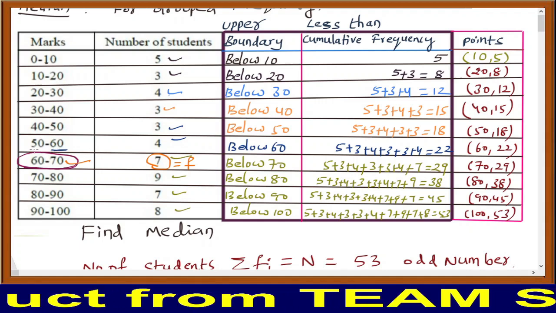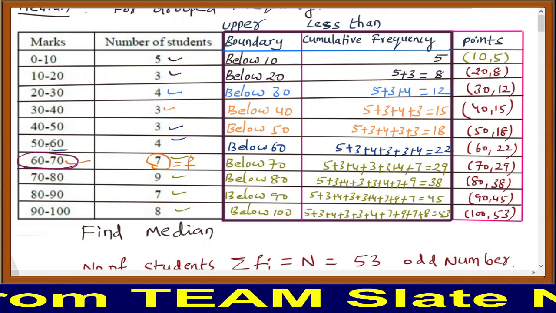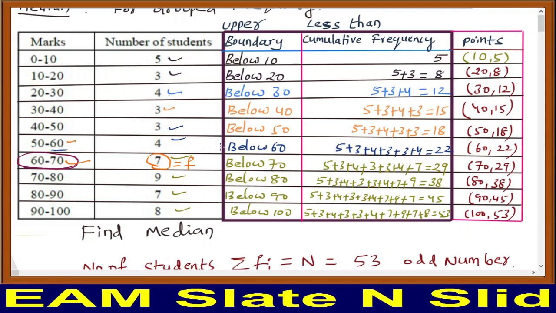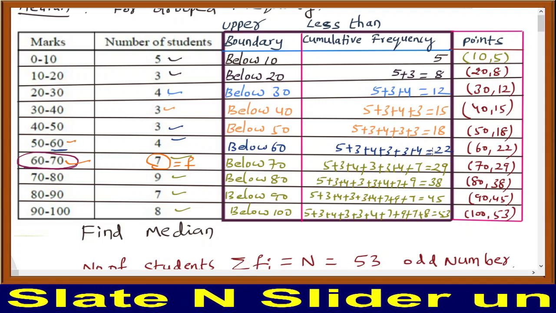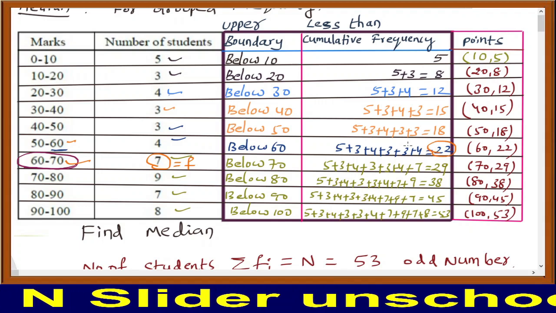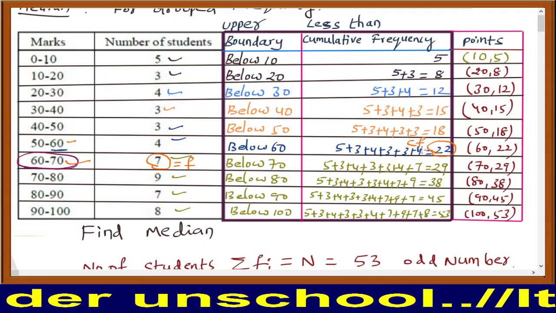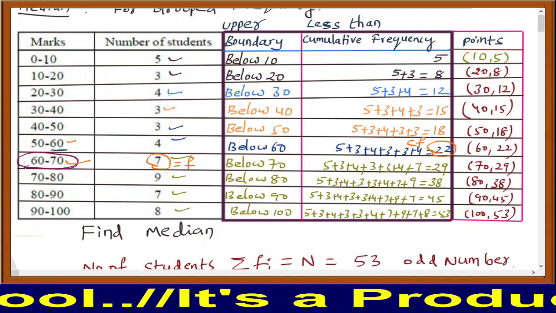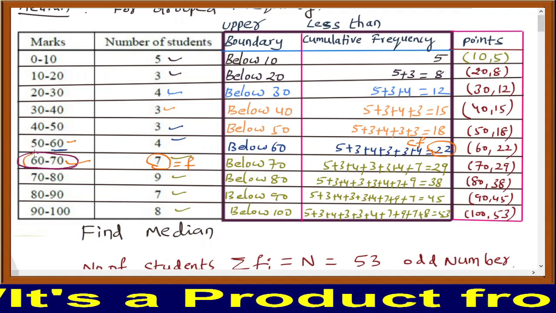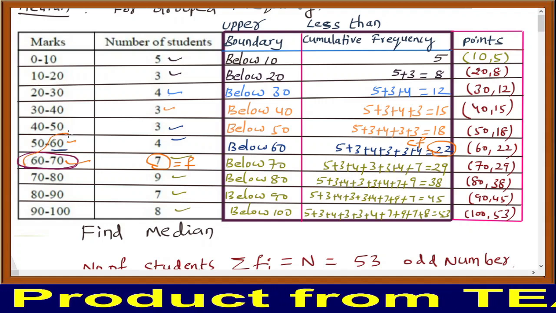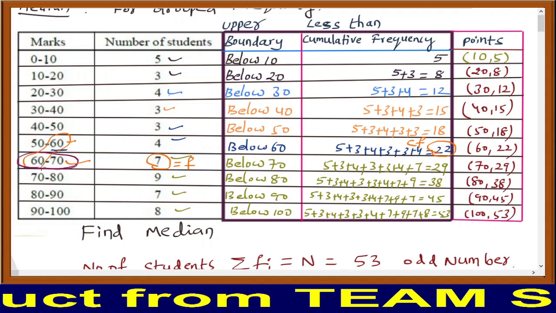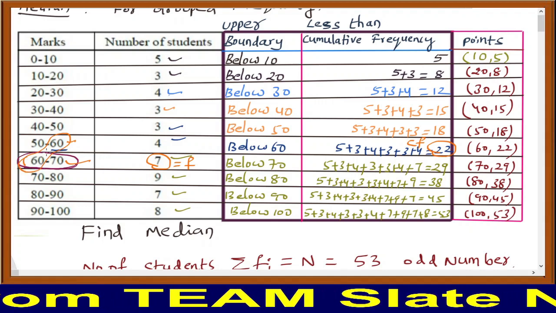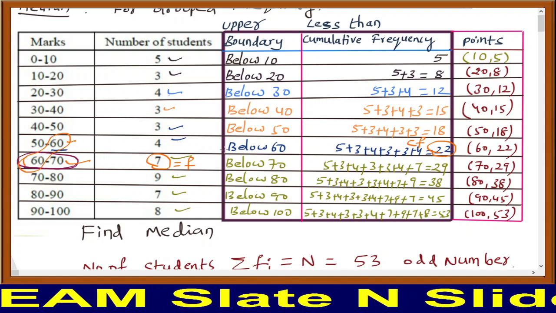The class preceding the median class is 50 to 60 and its corresponding cumulative frequency is 22. So this 22 will be Cf. And the lower boundary of the median class is the lower limit of the class interval plus the upper limit of its preceding class, divided by 2, that will be L.